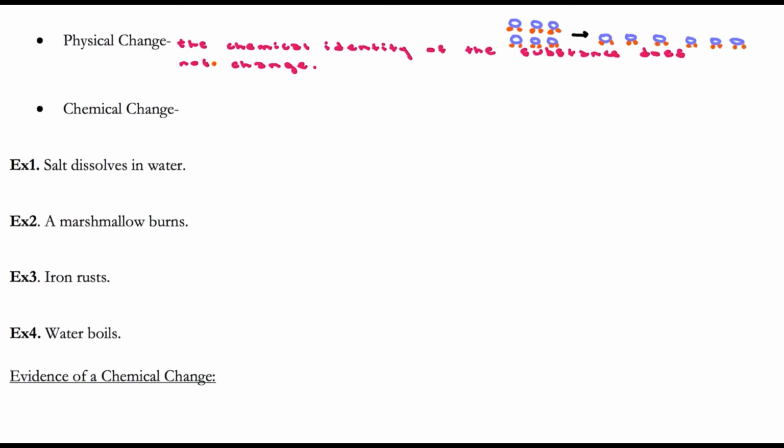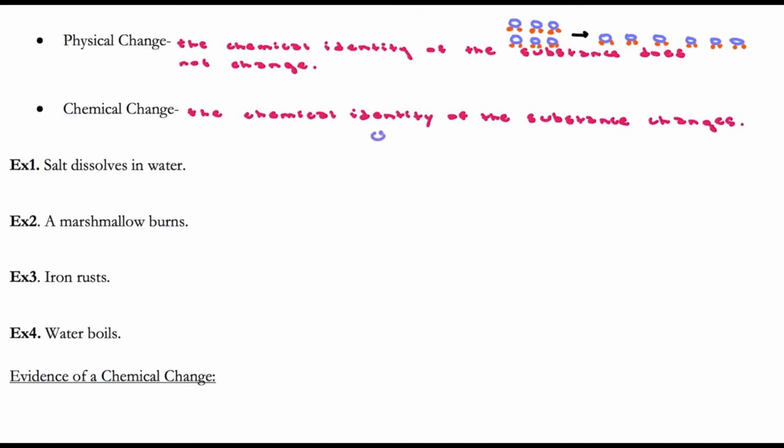In a chemical change, what's occurring is the chemical identity of the substance changes. So what exactly would this look like? Well, let's look at the water example again.